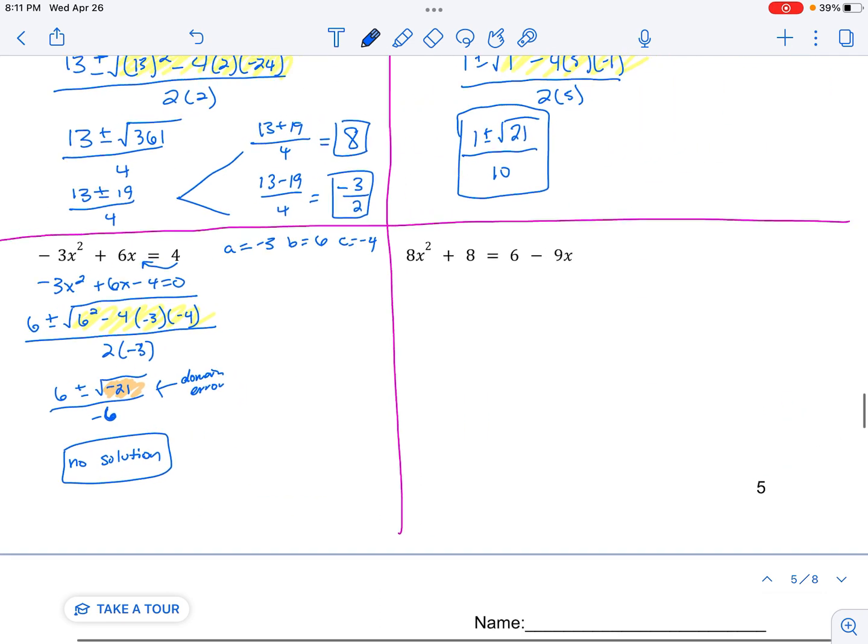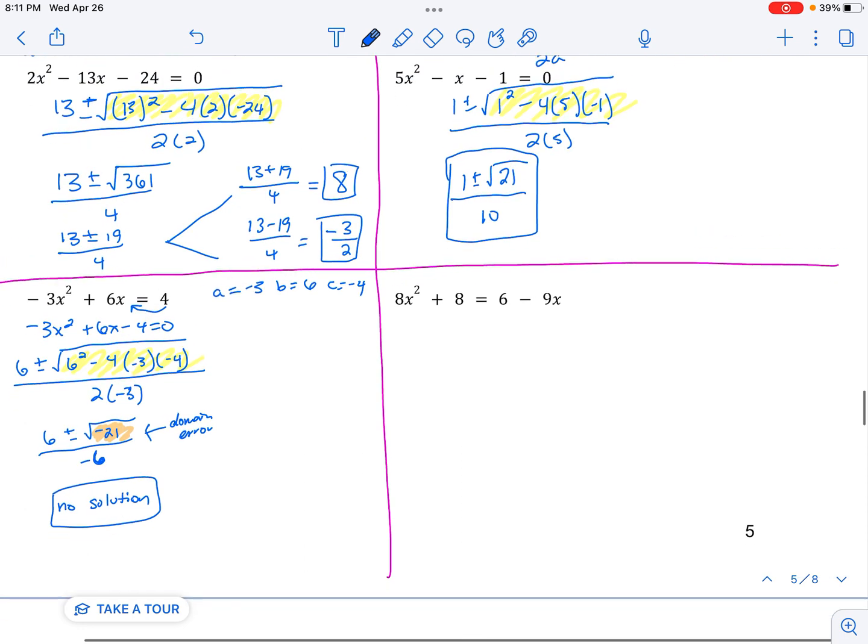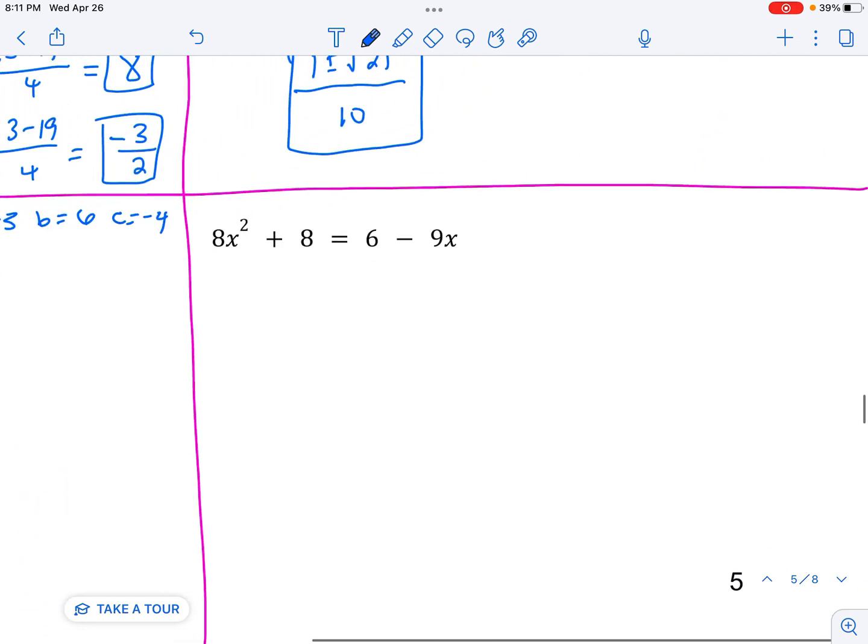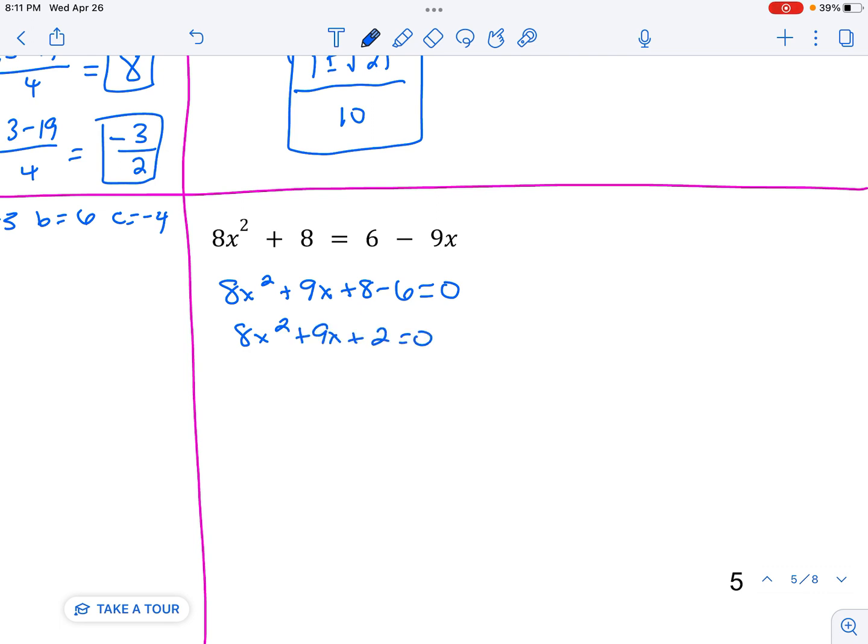No solution. All right, moving on to the last one that we've got. I've got a bunch of stuff that I need to move, and that's all right. So I've got 8x squared plus 9x plus 8 minus 6. Combine my like terms. Now I've got some info.